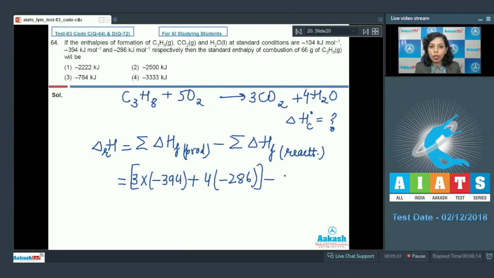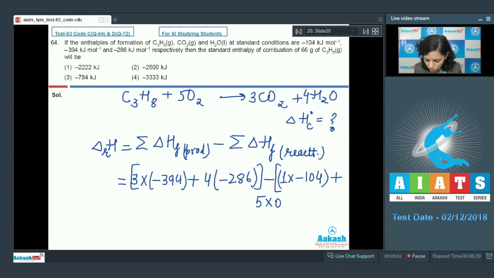Now the enthalpy of formation of reactants you also need here, and if we talk about the first one, that is propane, 1 mole is there only, that's why 1 into, what is its formation enthalpy? In standard condition it is minus 104 kilojoule per mole, plus the second thing is oxygen, 5 into, what is its standard enthalpy of formation?